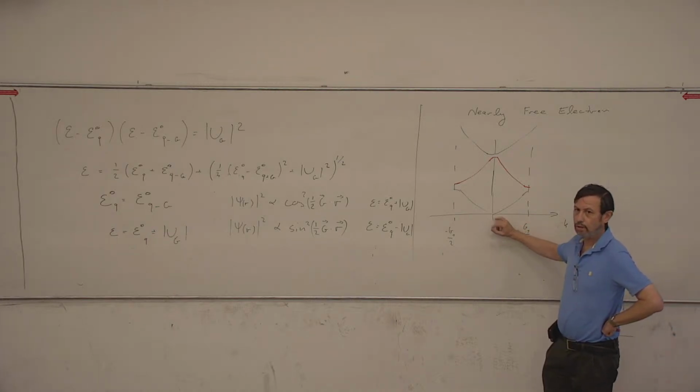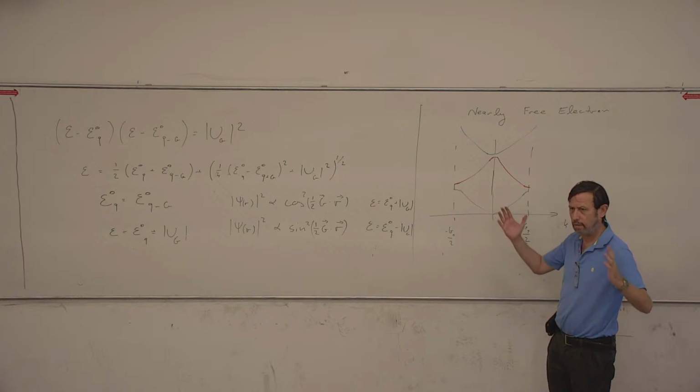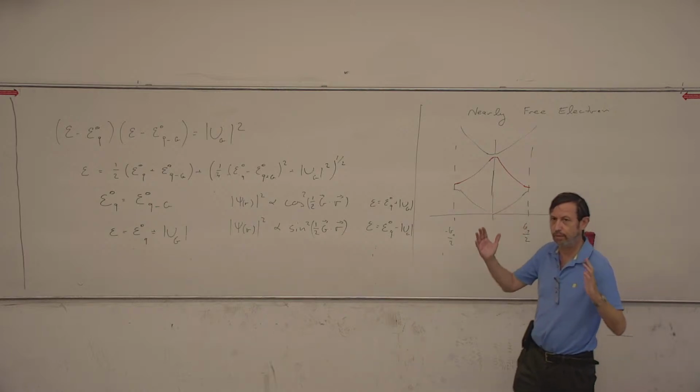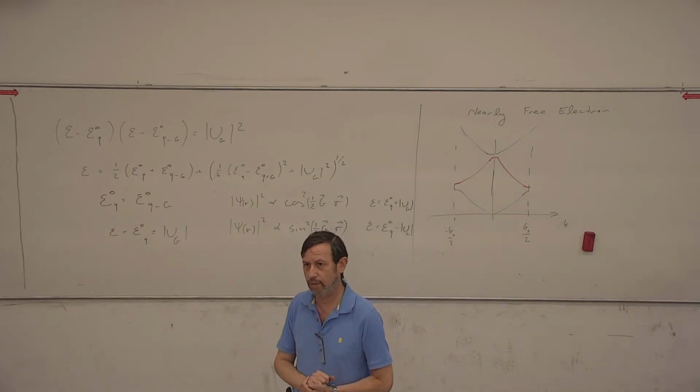Okay. How many points do I have on the first curve, on the black curve? If I'm assuming I have a finite number of atoms and I'm doing periodic boundary conditions.